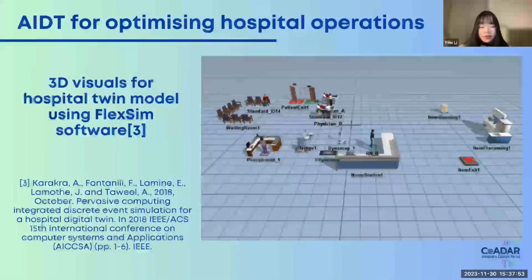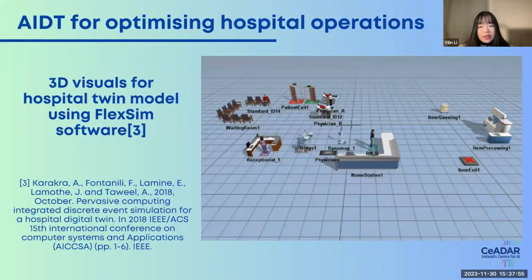And as shown in this figure, this paper proposed a new approach capable of simulating hospital service. It focuses on simulating the patients' pathway or process within a hospital by creating a digital twin based on the discrete event simulation model.